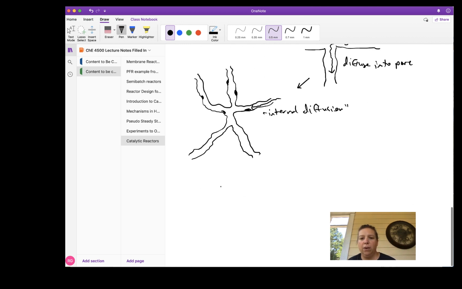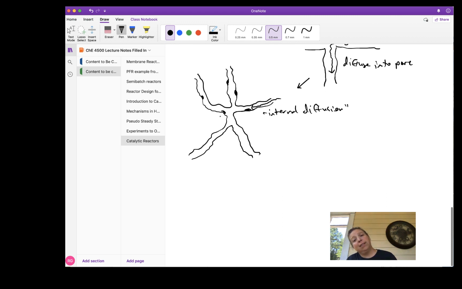Once the molecule diffuses into the pellet, it has to find a catalyst particle that's active. If this particle is closer to the mouth of the pore, possibly it's already become covered up with catalytic species, so maybe this one isn't so active, so it's got to keep diffusing until it finds one.